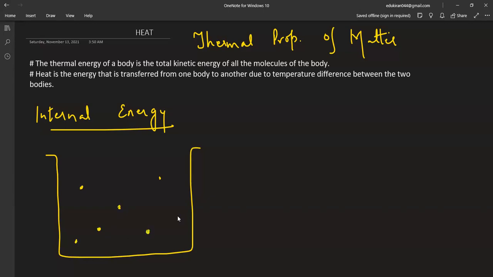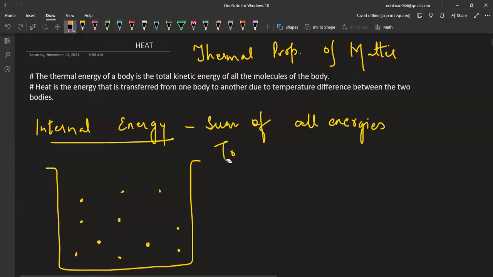Though this concept will come again in kinetic theory in detail, let us assume I have taken and filled this. Now, what are all the possibilities of the total energy in the system? Internal energy of the system is the sum of all energies in your system, basically known as the total internal energy of that system.